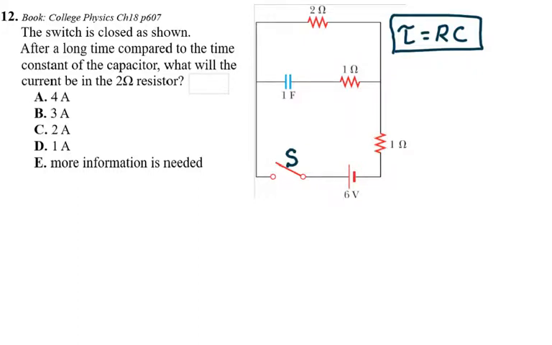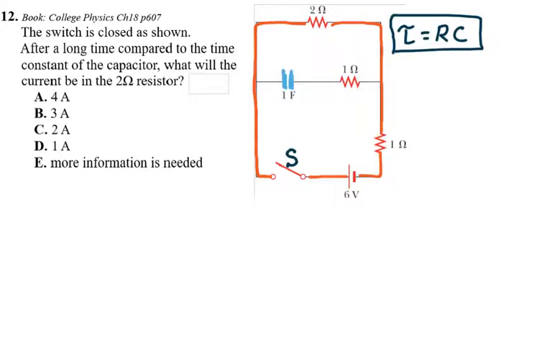The problem looks more complicated than it actually is. After the capacitor is fully charged, the current is not going to flow through the branch where the capacitor is. The current is only going to flow through the wires that I drew in red, because the capacitor branch is effectively disconnected.